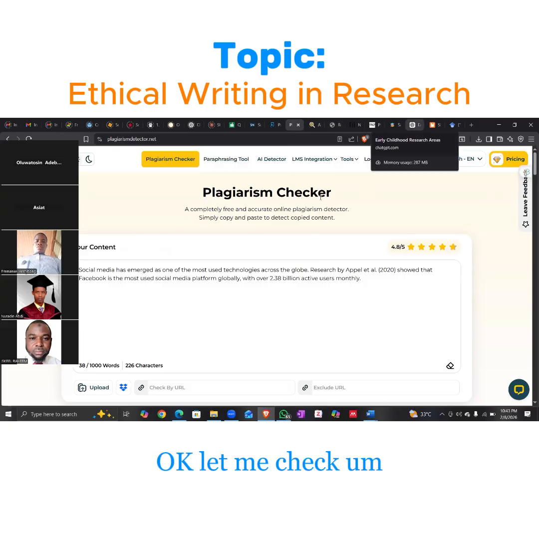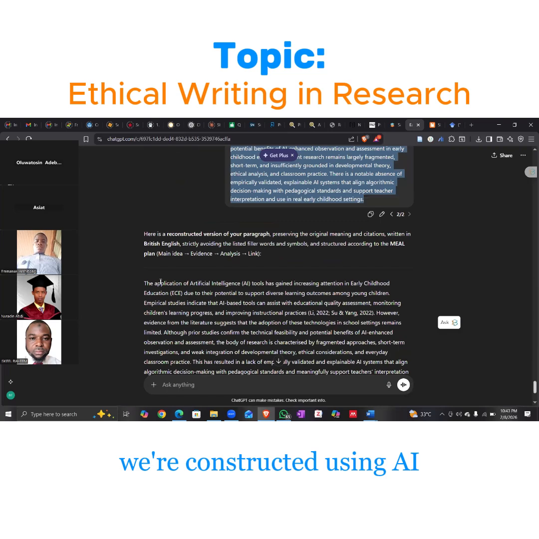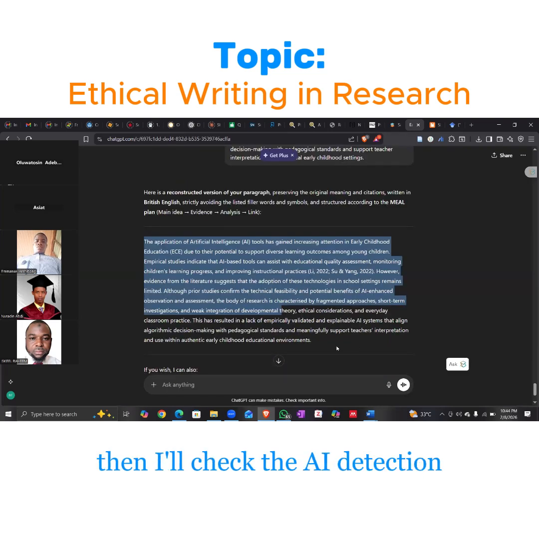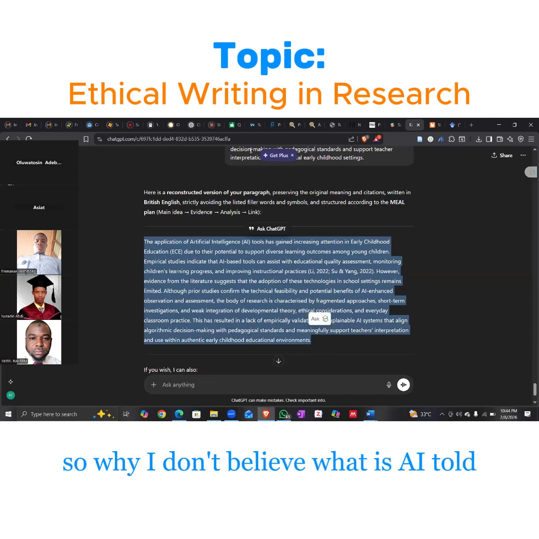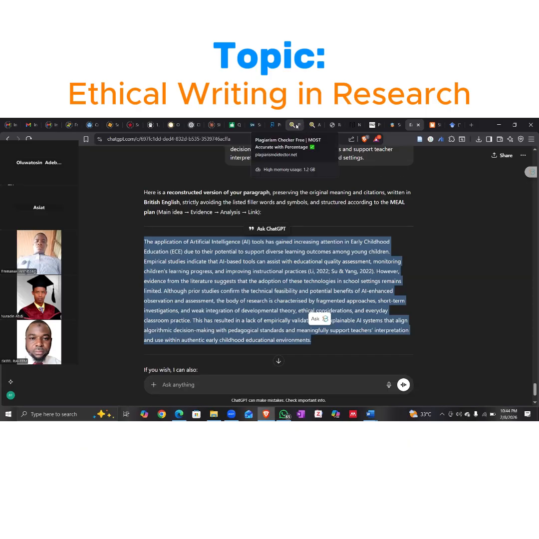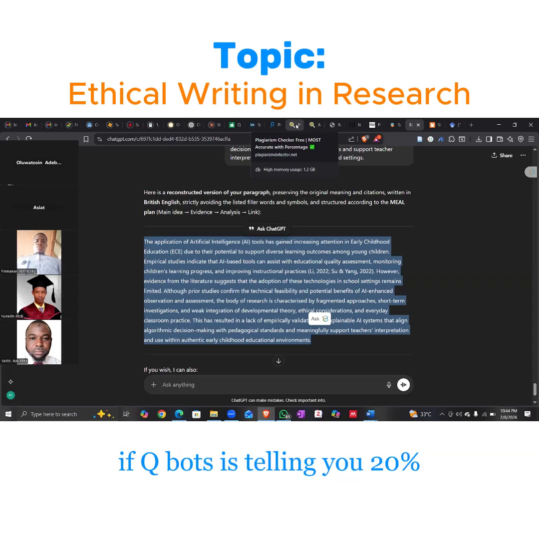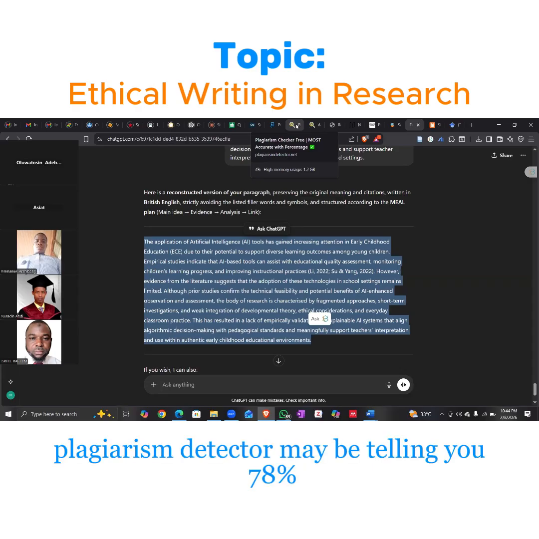Okay, let me check the sentences we constructed last week using AI. I'll check for plagiarism, then I'll check the AI detection. So why I don't believe all these AI tools is that if you check AI content using a plagiarism detector and you check the same on QuillBot, if QuillBot is telling you 20%, the plagiarism detector may be telling you 78%.